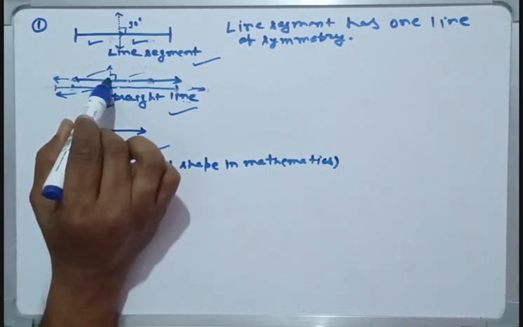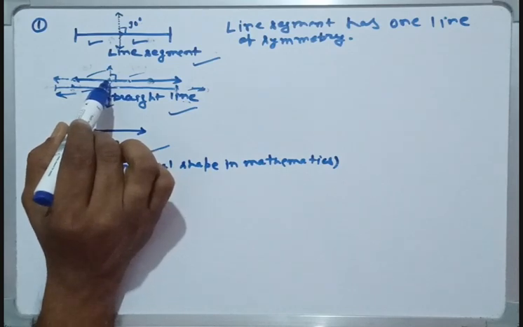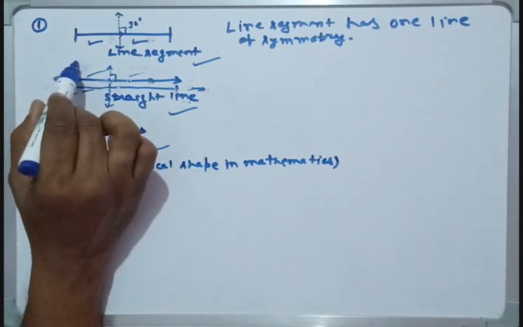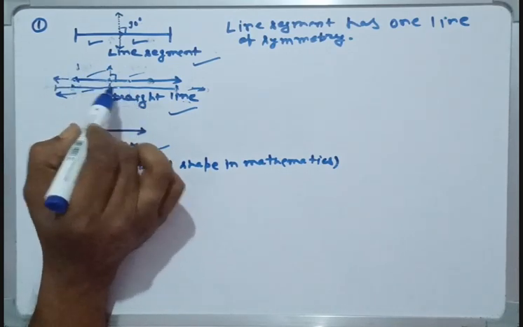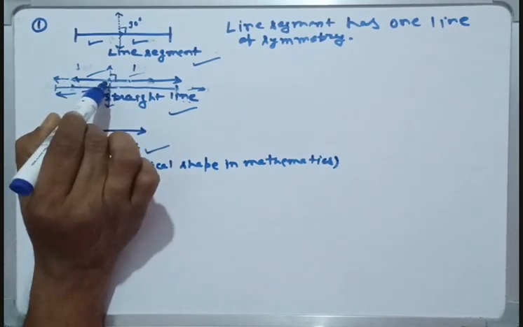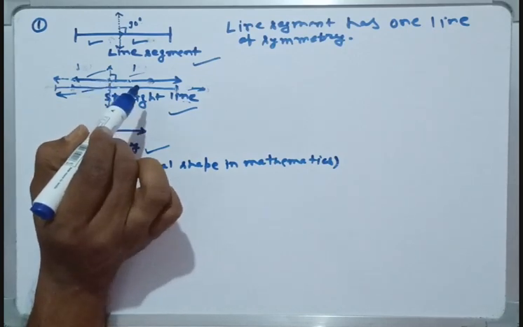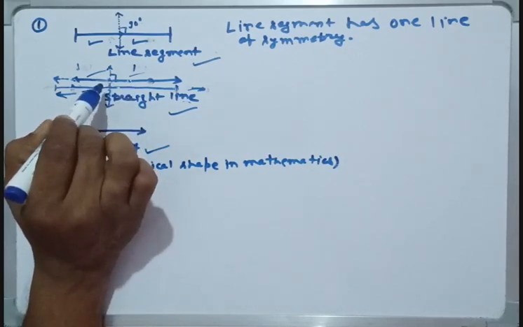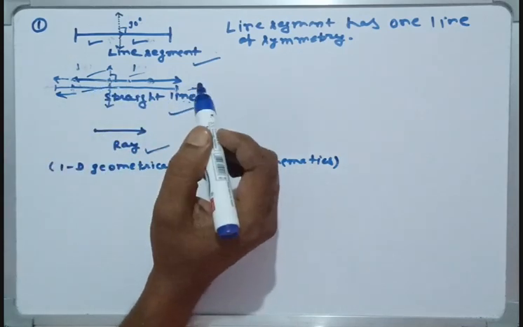Now this imaginary line passing through this midpoint, so we can say this half part of this line and this half part of this line are equal in length, or you can say identical shape and size.